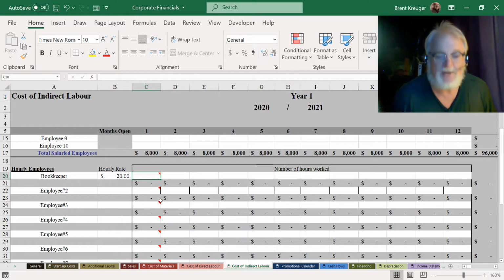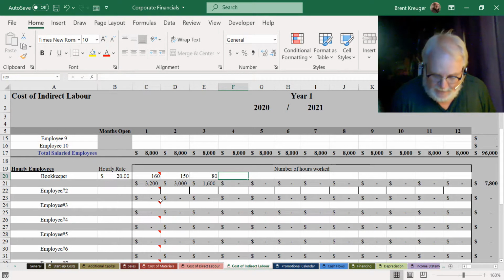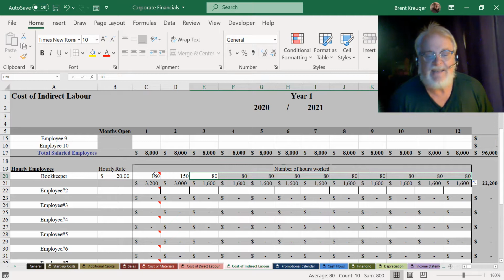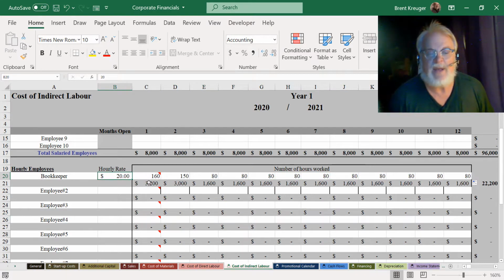So maybe it's going to be 160 hours this month, and 150 this month, and 80 this month, and that type of stuff. I'm just going to drag this so that you can see. As this happens, this many hours at this hourly rate is this much money per month.